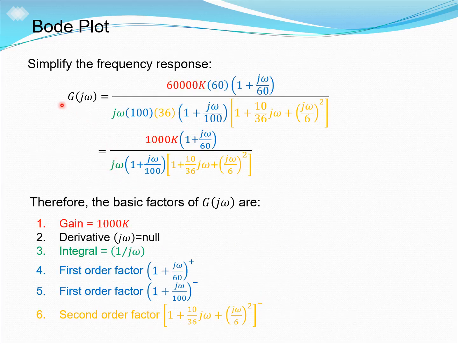So next, we are going to simplify our frequency response. How to simplify? We just look at the first order factors and the second order factors. So we have to divide our first order factor here by 60, so that we can get this kind of form. So we have to pull out 60 to be multiplied with the factors.